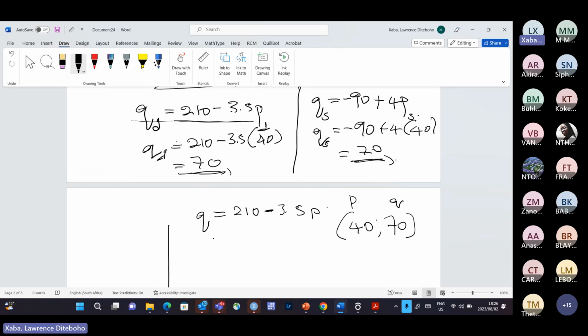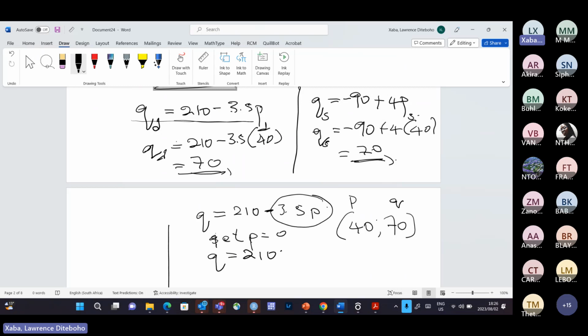If we set P equals to 0, this part will fall off, meaning we end up having Q equals to 110.